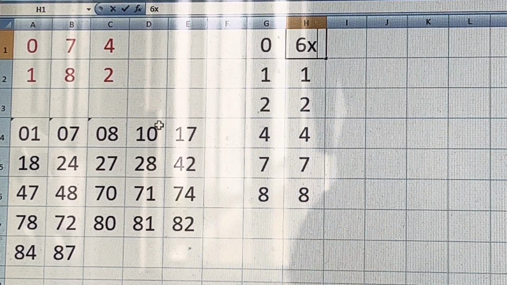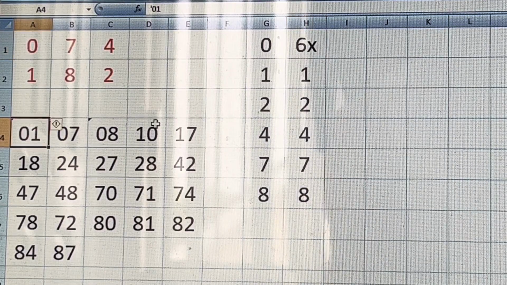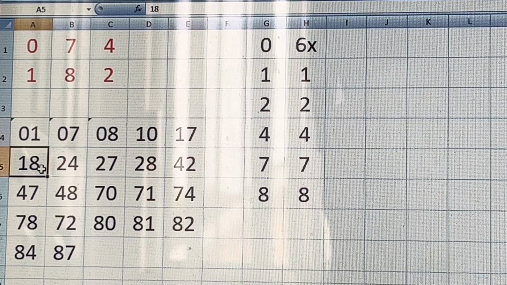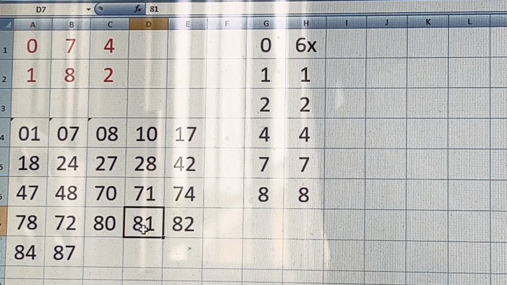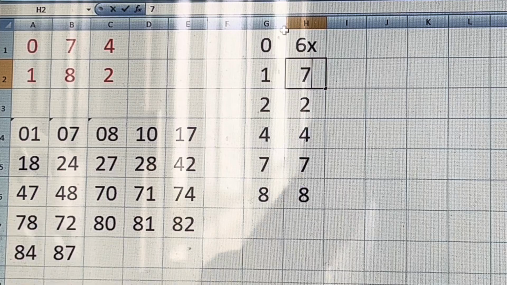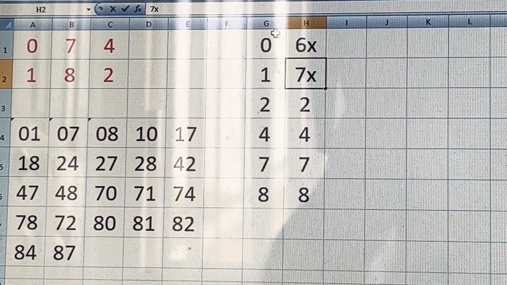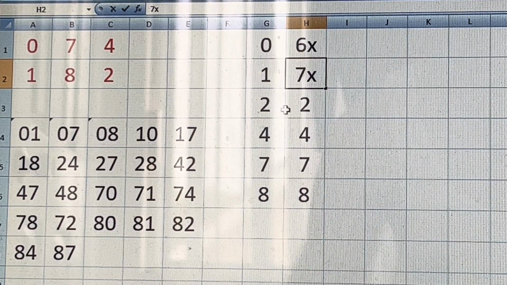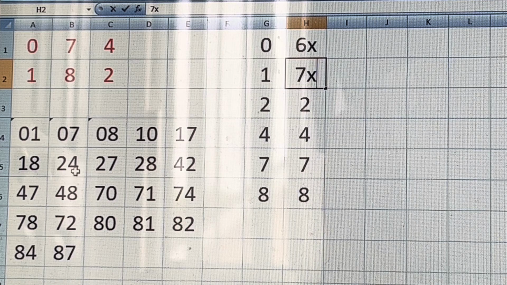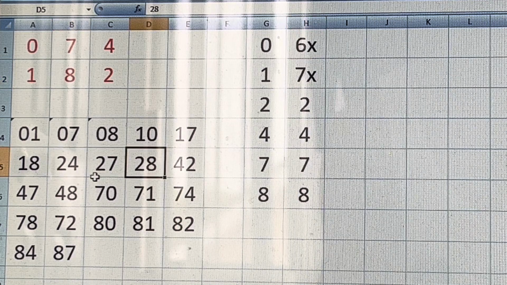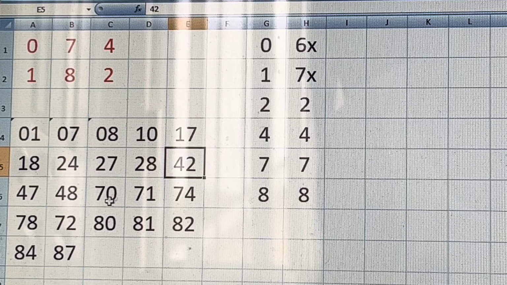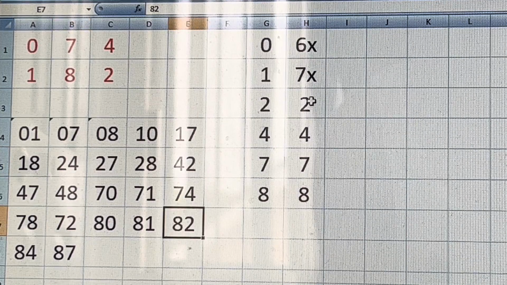Now you go for digit 1: 1, 10, 17, 18, 71, 81. That's 7 times. Digit 2: 24, 27, 28, 42, 72, 82, also 6 times.